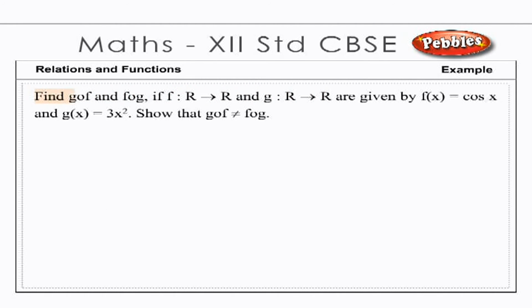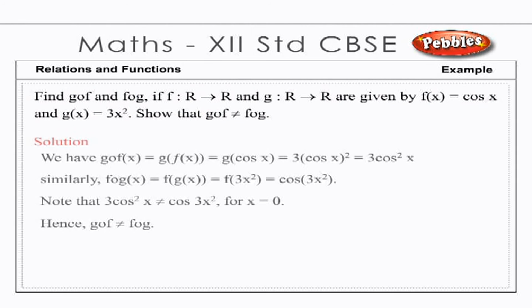Example. Find gof and fog if f from R to R and g from R to R are given by f(x) = cos x and g(x) = 3x². Show that gof is not equal to fog. Solution.